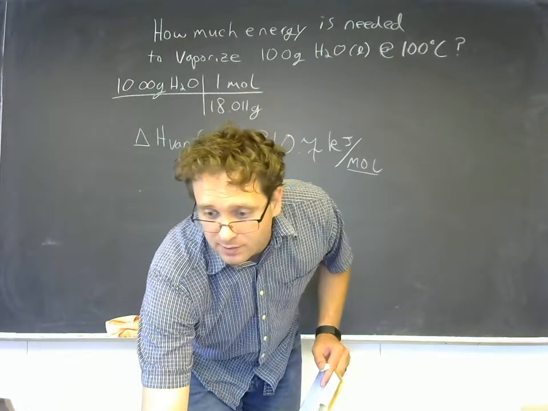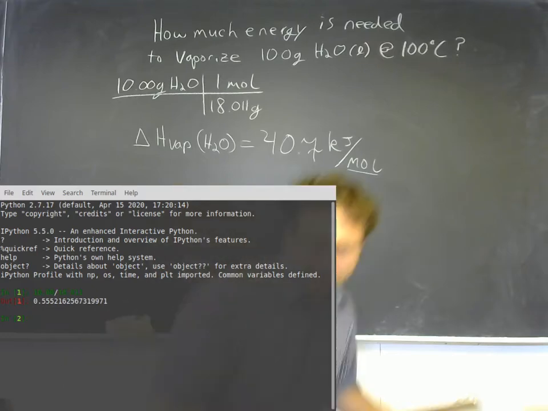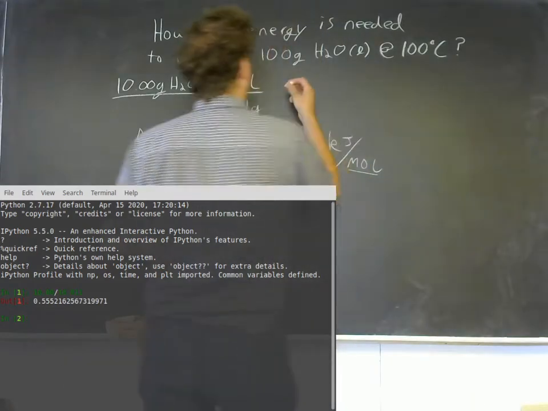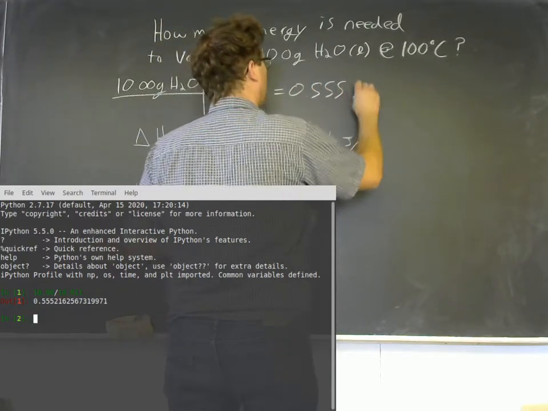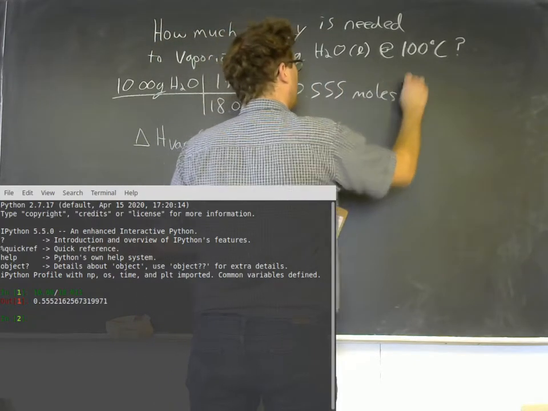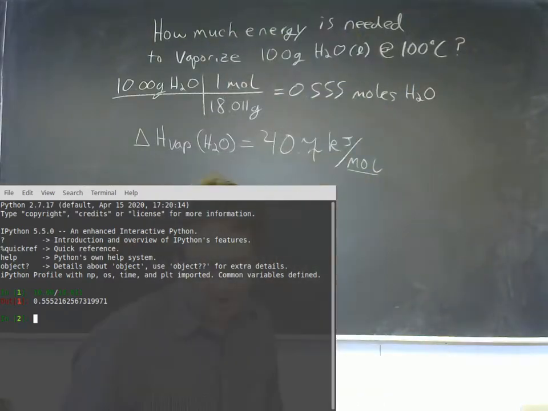So let's do that calculation. Okay, so I've got my calculator up here. We'll do 10.00 divided by 18.011. And that looks like it's going to be 0.555 moles of water.